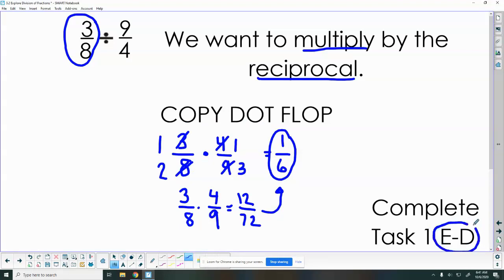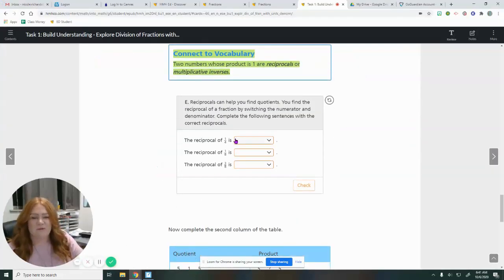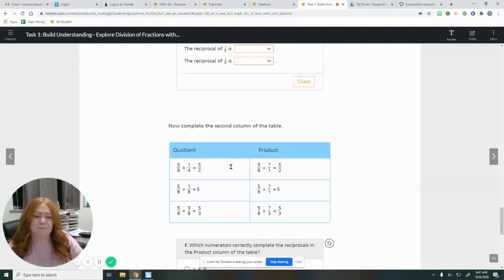So let's go ahead and try parts A through D on task 1. So remember, we're going to copy the first one, keep it the same, change it to multiply, and flop and use the reciprocal of that second fraction. So let's take a look here. First, see if you can find the reciprocals of each of those numbers. So flip them upside down.